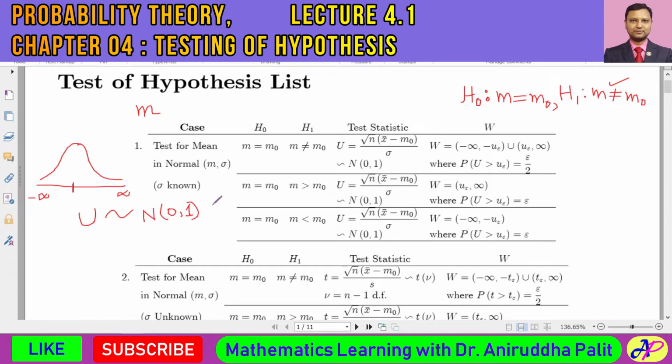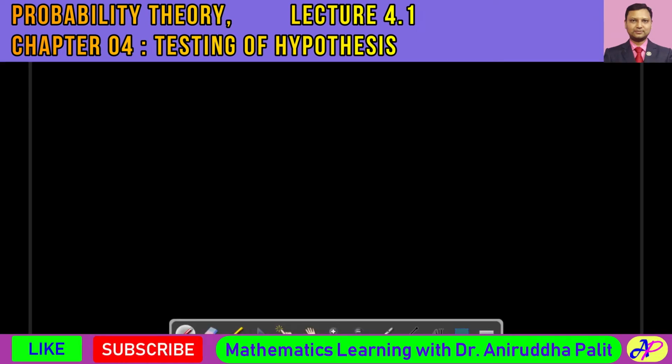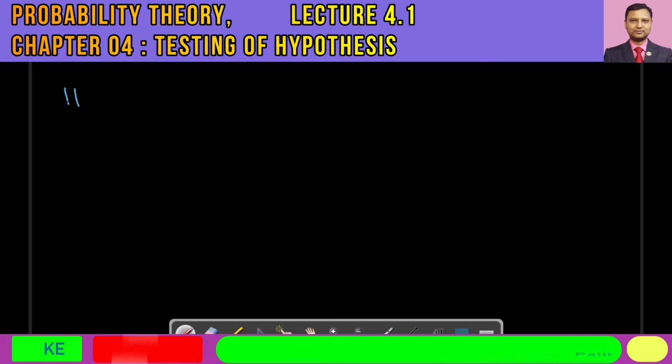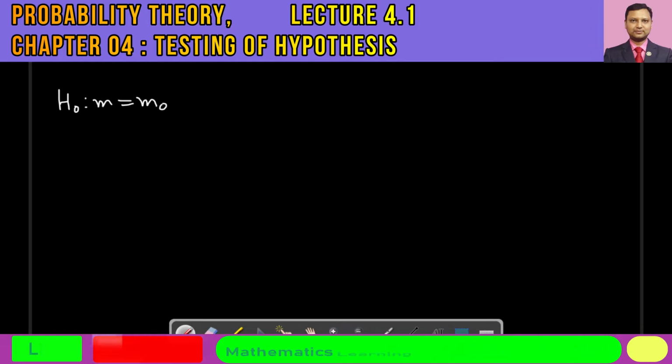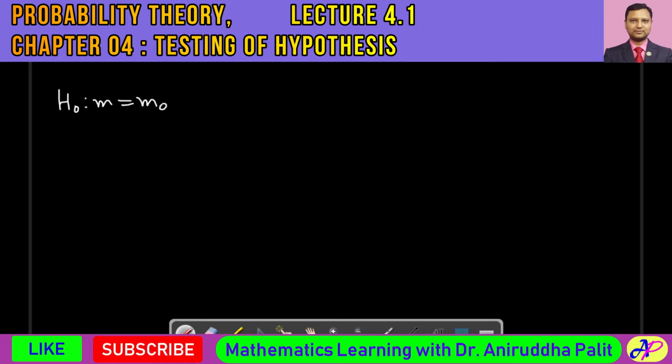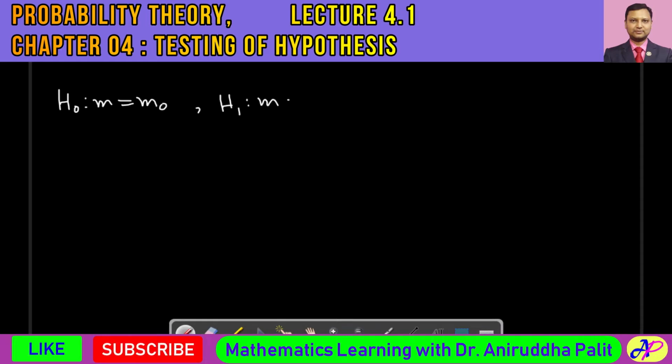And how to identify this one? Let me show you over here. You see, the null hypothesis, let me write it in this color. The null hypothesis H0 is the hypothesis m equal to, suppose, a certain given value m0, maybe 30, maybe 40, maybe 50, depending upon the question, against the alternative hypothesis H1, such that m not equal to m0.